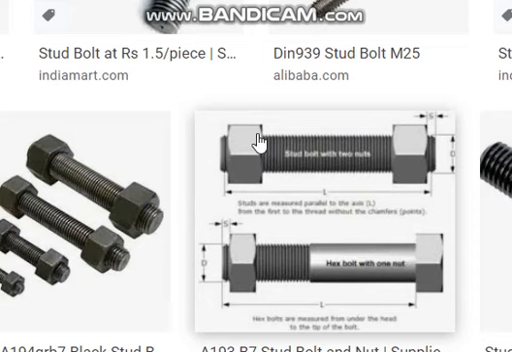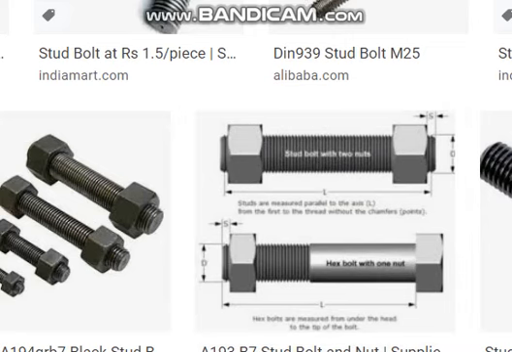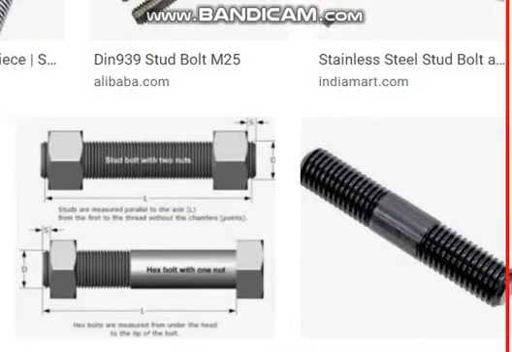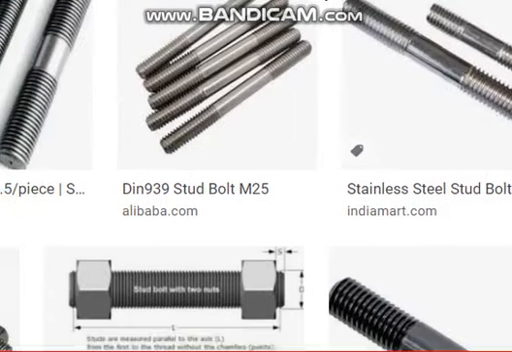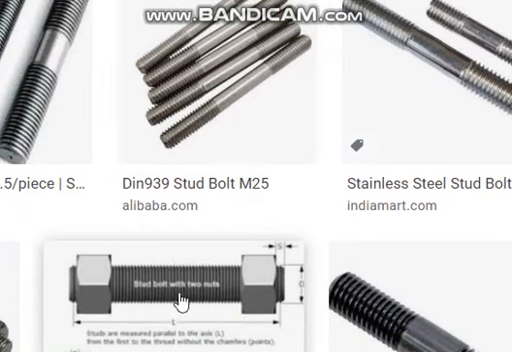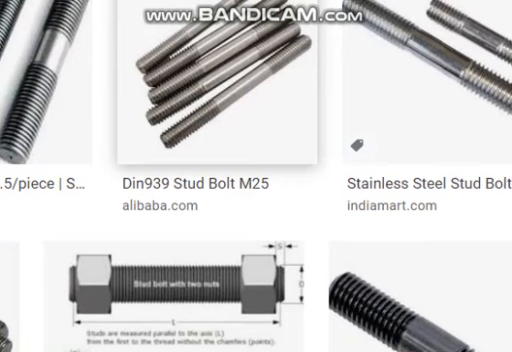This stud has threads throughout. Sometimes in the middle there may not be threads, like we see here. It can be like this, or like this. If threads are there on both sides, then it is called a stud. Otherwise, it is called a bolt. That is the difference.